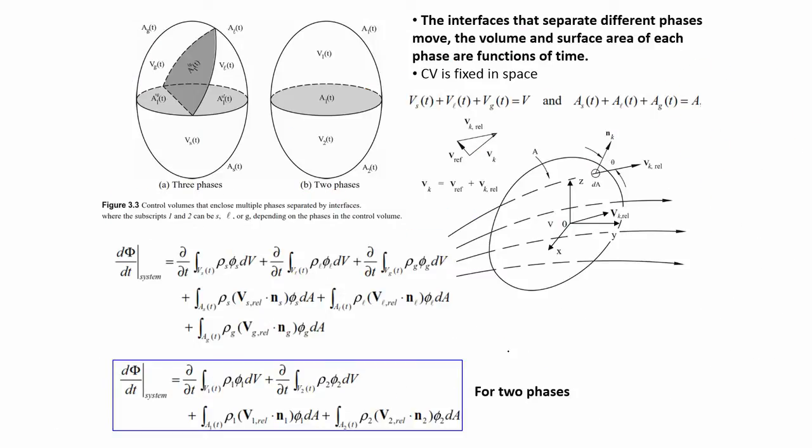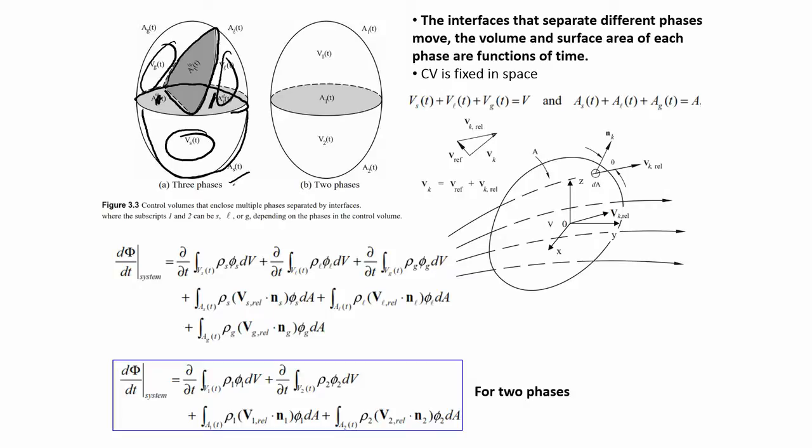Now, if there are multiple interfaces, say for example, this was just for one phase that we showed. Let us take this simple case where this is a solid, this is the corresponding liquid, and this is the corresponding gas. There are partitions across the interface, and each of these has its own individual surface area.